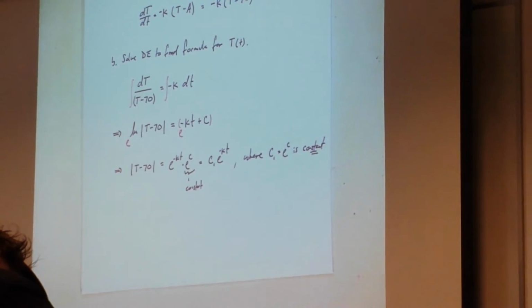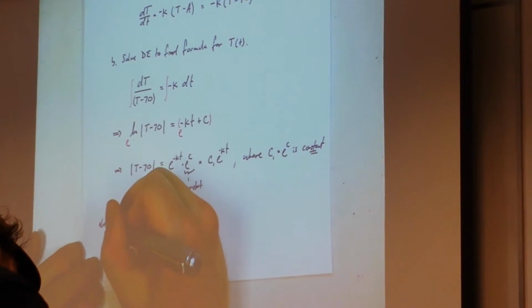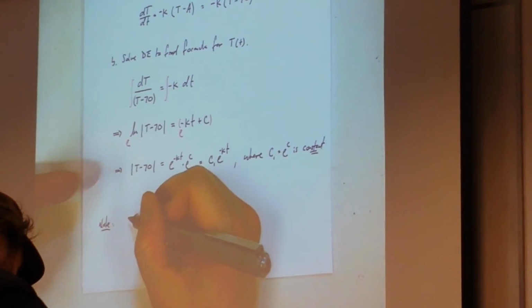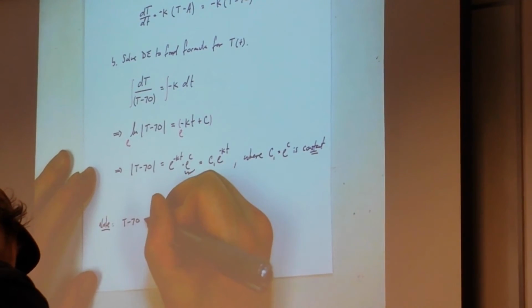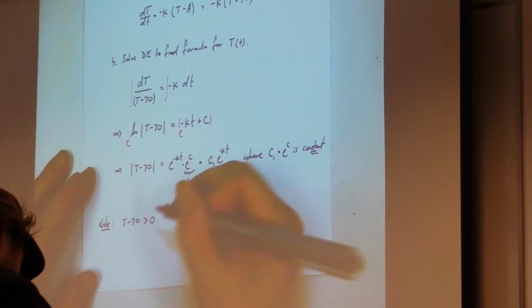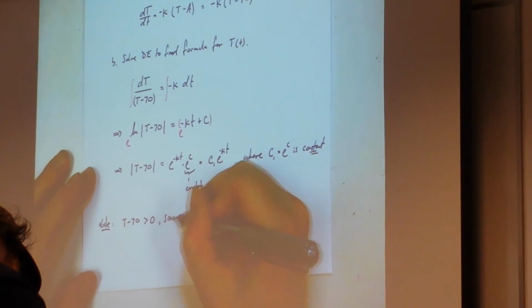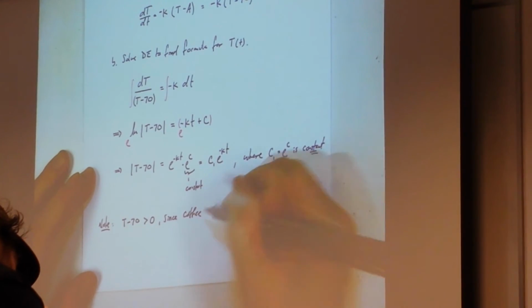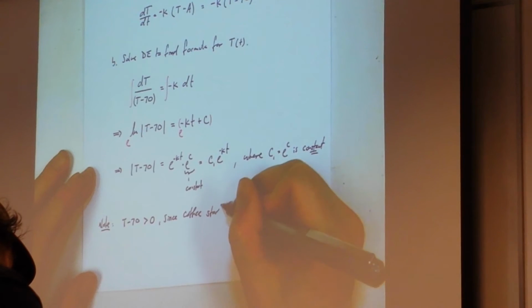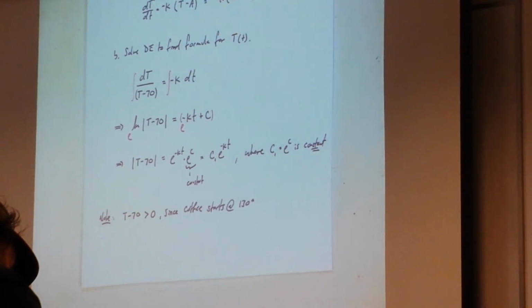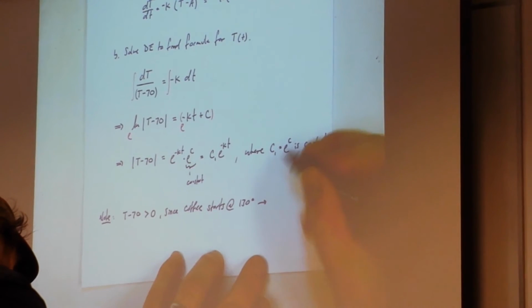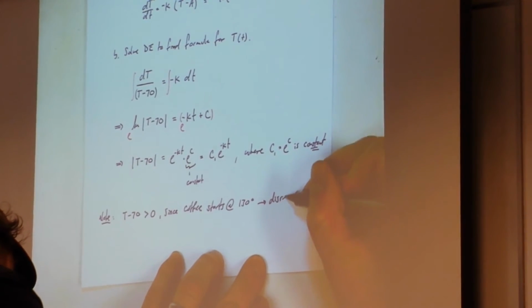So one thing to note is that T starts off at 130. T minus 70 will always be greater than 0. So the absolute values become superfluous. In other words, the absolute value of a positive is just itself. So we can abandon or disregard the absolute value in this case.